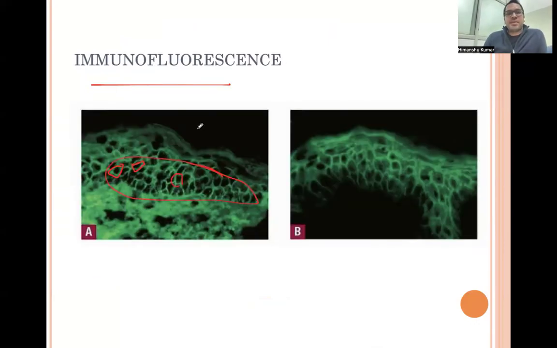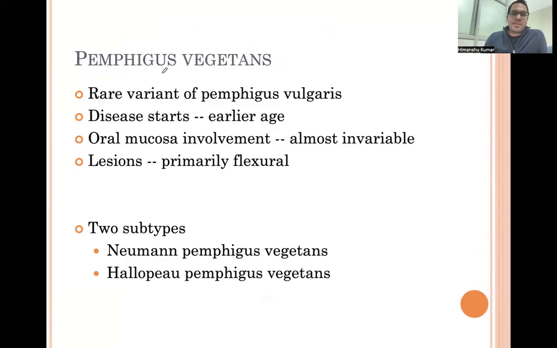So we have discussed pemphigus vulgaris. Now we're coming to these subtypes of pemphigus vulgaris, quite rare. Not too much asked in exams, but still, I think you should know. So pemphigus vegetans is a rare variant. It starts at early age.